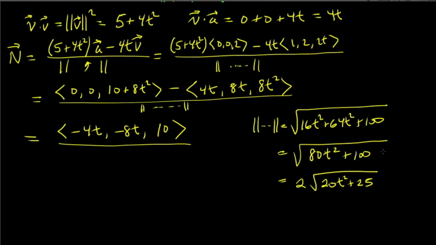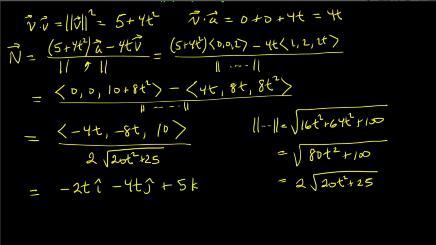So 2 square root of 20t squared plus 25. And you can divide each of these by 2, right? So let me go back and write it in ijk form. So this will be negative 2t times i minus 4t times j plus 5 times k, all divided by this square root of 20t squared plus 25.